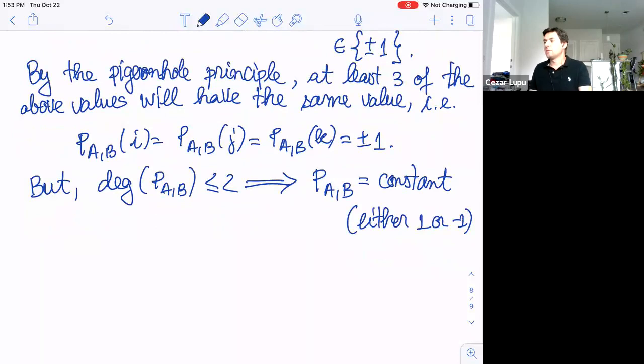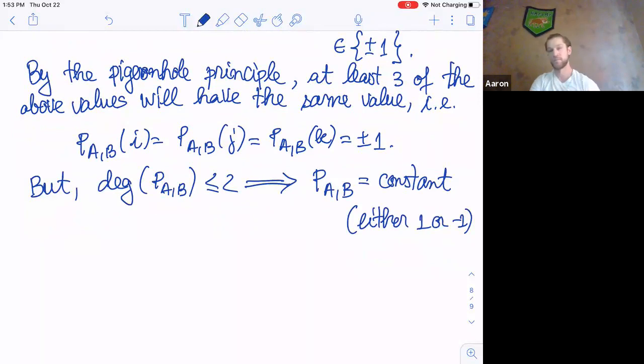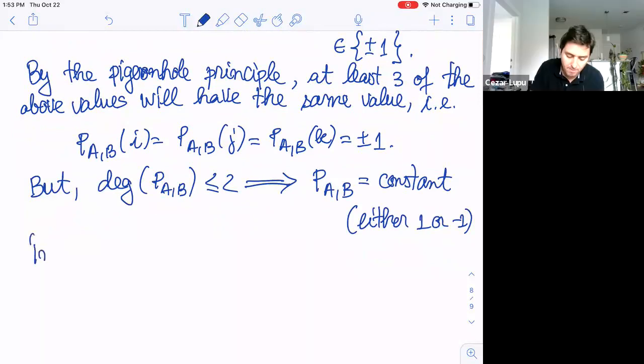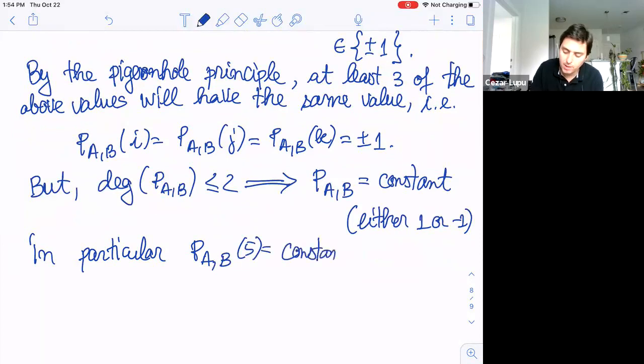Therefore, in particular, if you plug in 5, P_AB of 5 is constant, which is either 1 or negative 1.